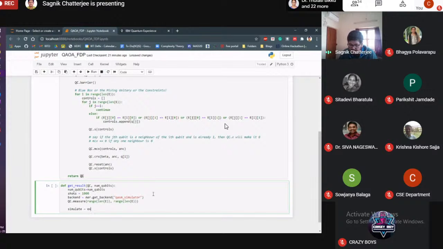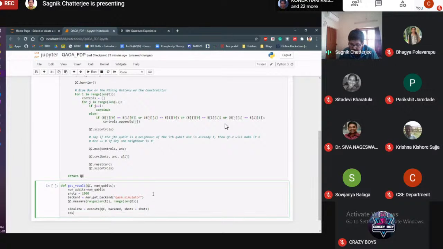So simulate equal to execute QC. We execute our quantum circuit along with the measurement on the backend for the defined number of shots. Shots equal to shots. So we have defined the backend, we have defined the shots.